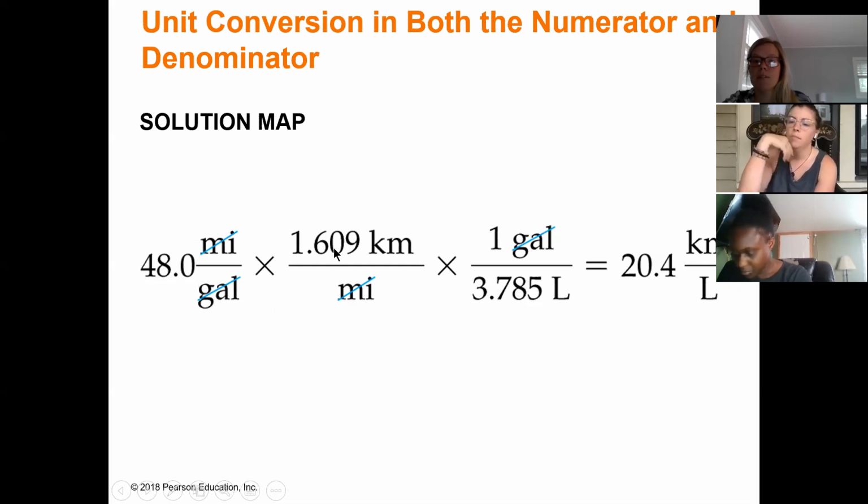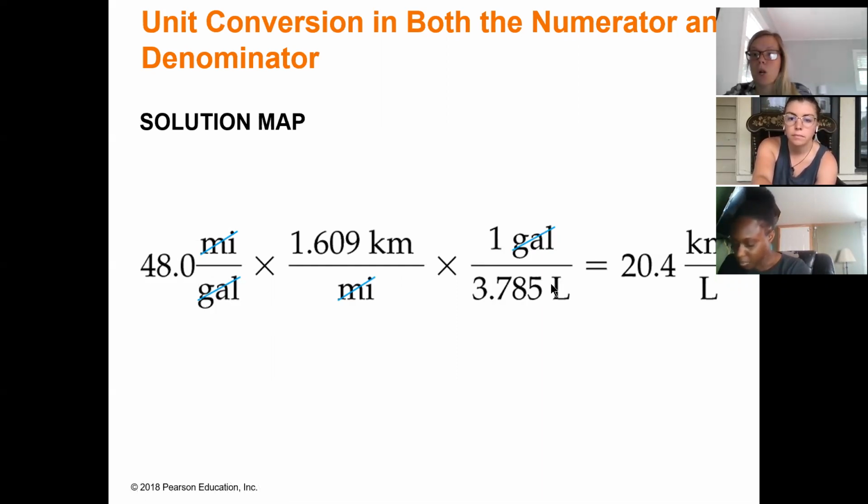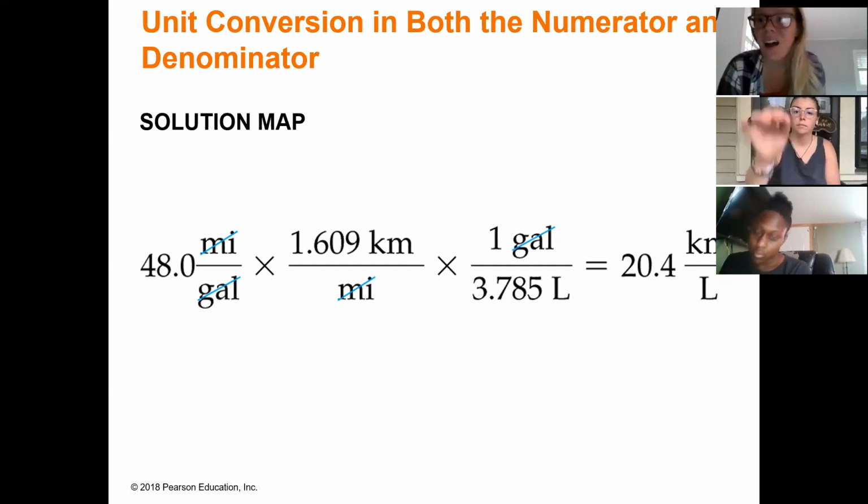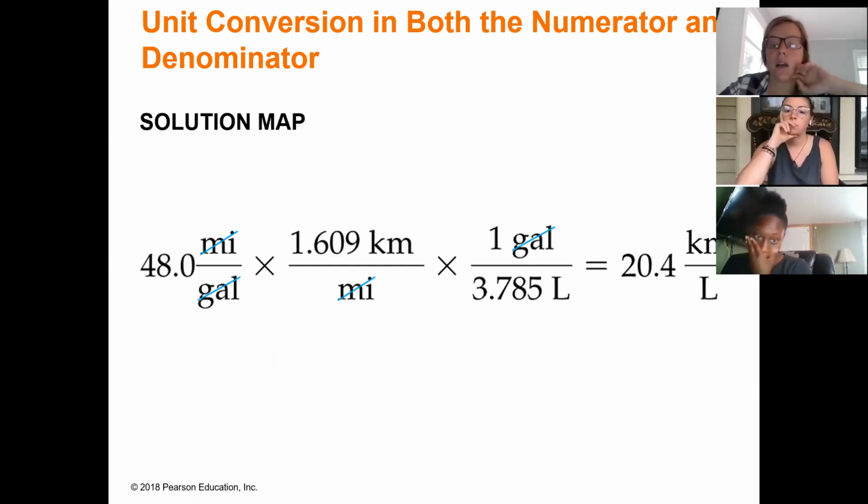This is doing the opposite of what we've normally done because normally our unit sits on the top, right? But here we've got a unit sitting below the fraction bar. So gallon is below. Here you put gallon above, the gallons will cancel, and you'll be left with liter below the fraction bar, which is exactly what we want. We want kilometers per liter. So you may see one of those or 2 of those on the homework. I don't put them on the tests.